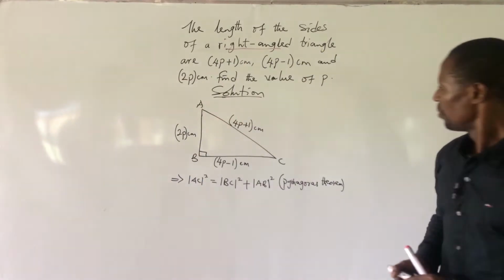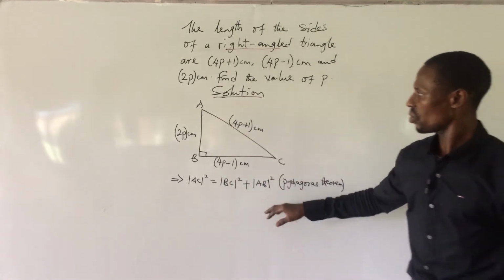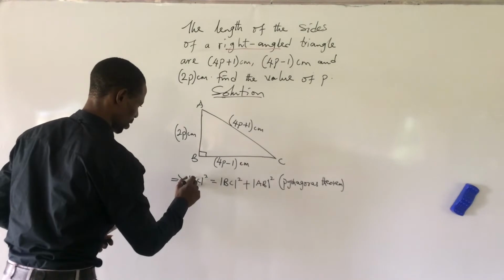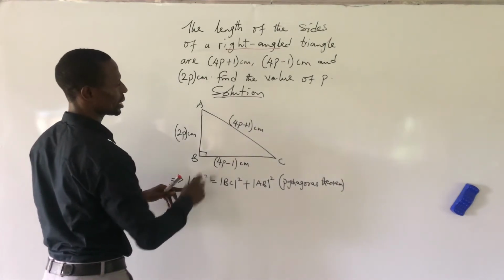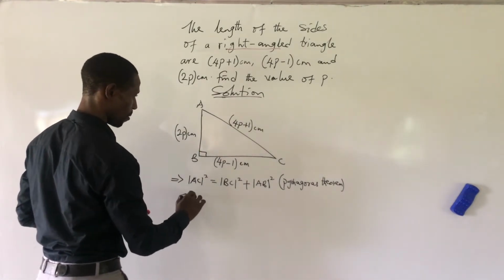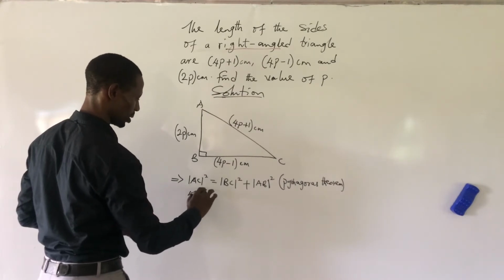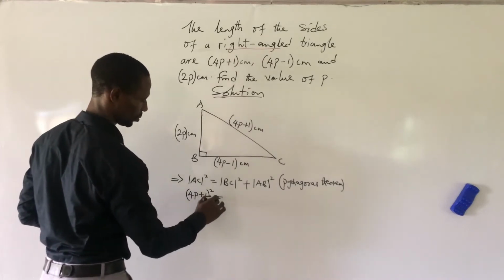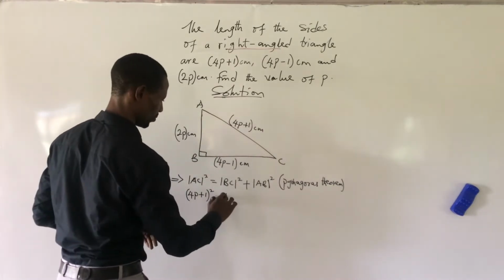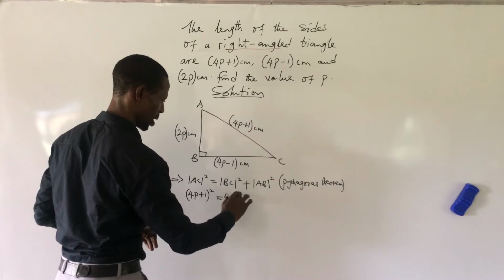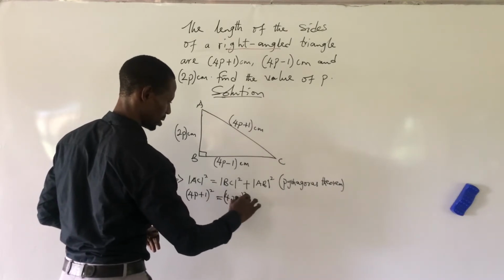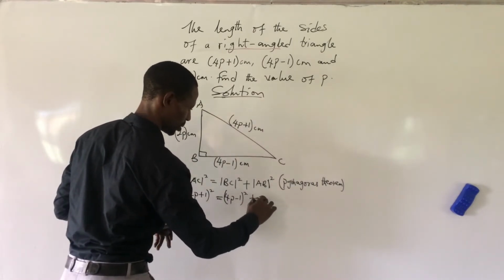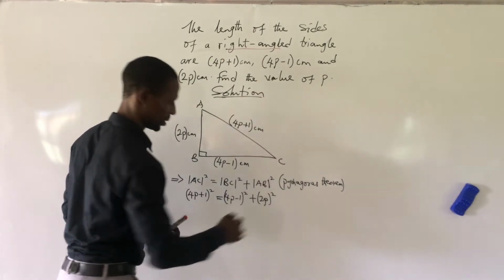So let's fix in the values: AC is (4p + 1) all squared, is equal to BC, (4p - 1) all squared, plus AB, (2p) all squared.